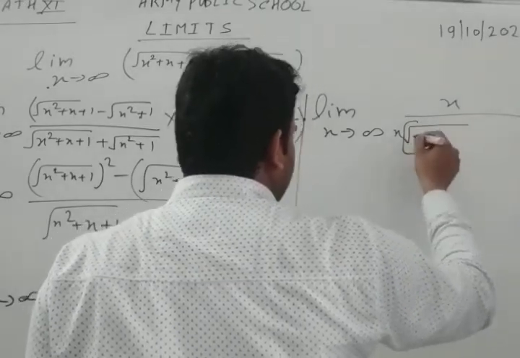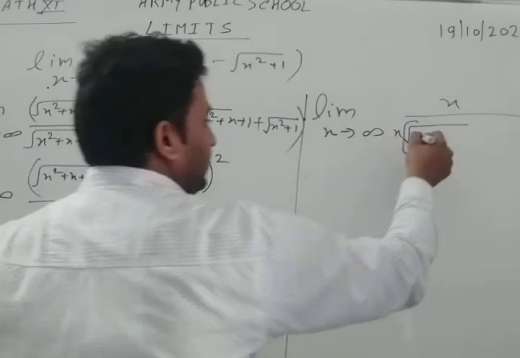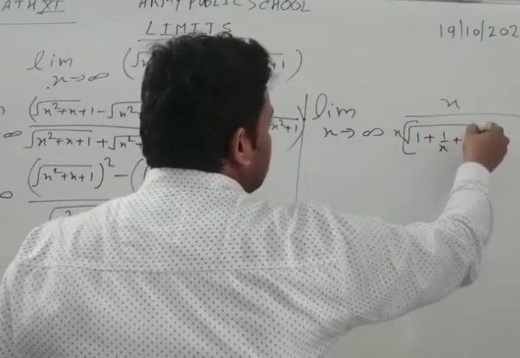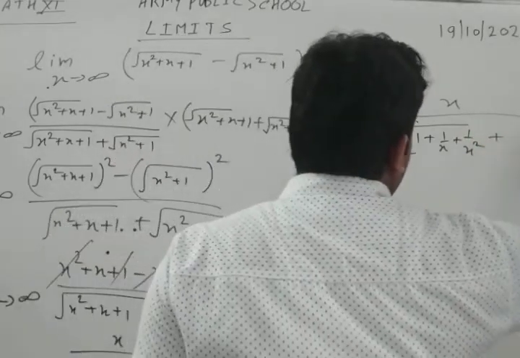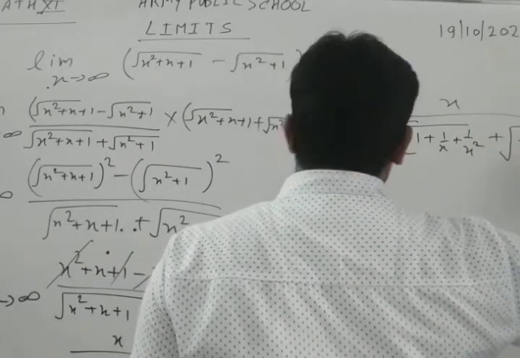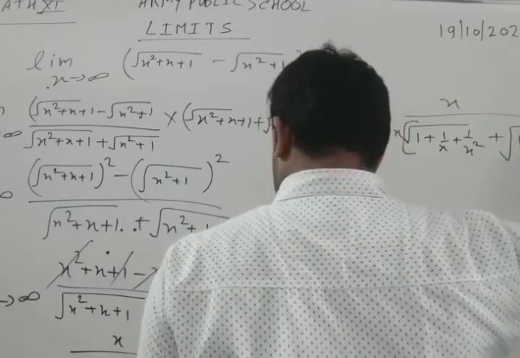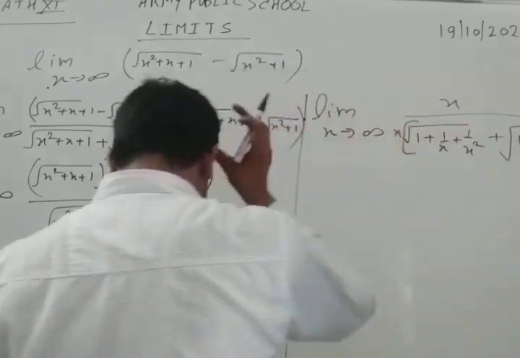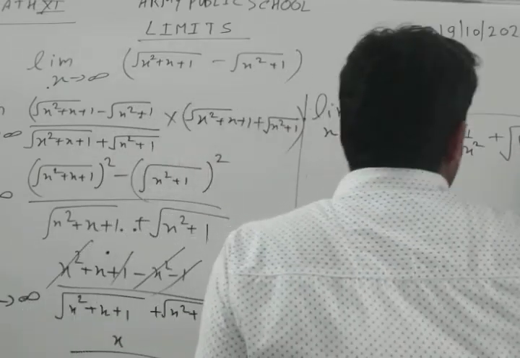We get under root (1 plus 1 by x plus 1 by x square) plus under root (1 plus 1 by x square).